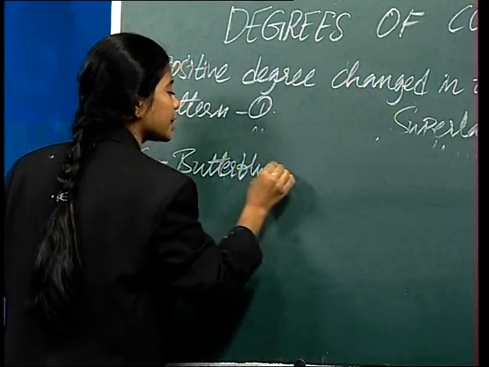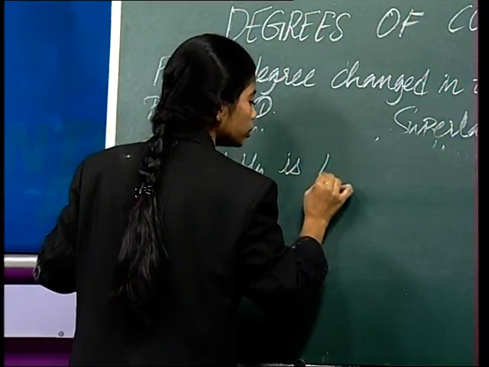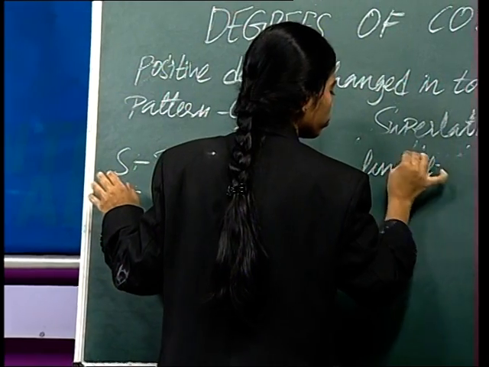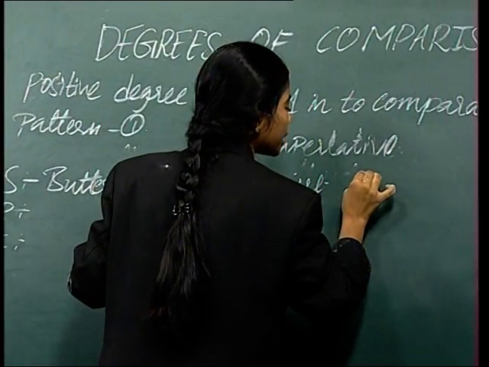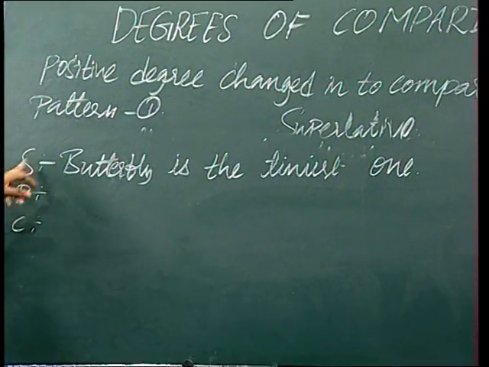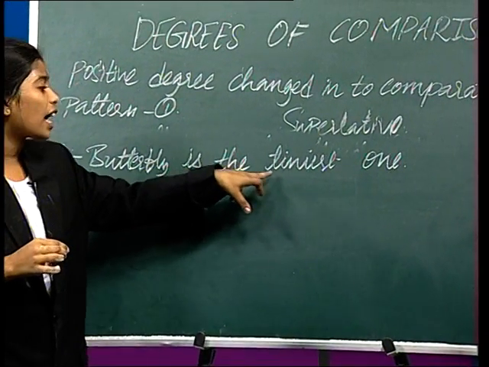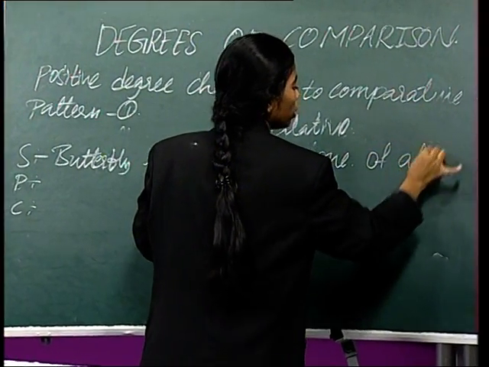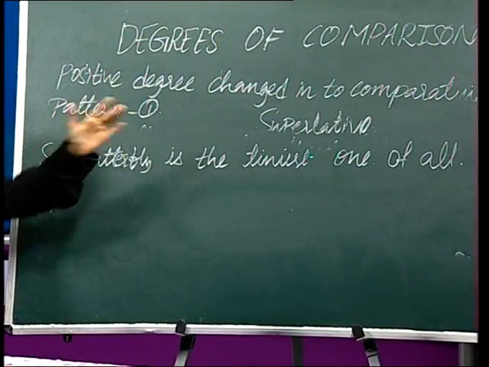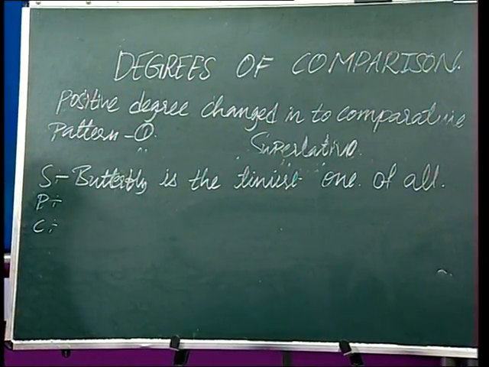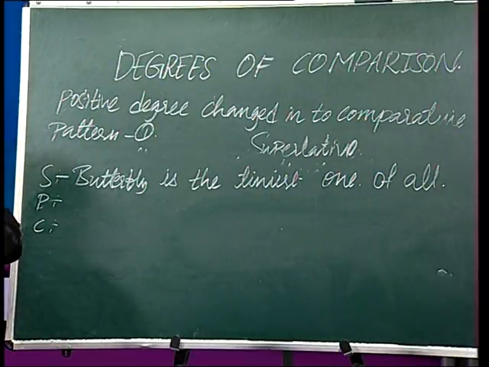Butterfly is the tiniest one of all. Okay friends, here there is more than one. So here a bunch of butterflies are there, but among all these, this is the tiniest butterfly.